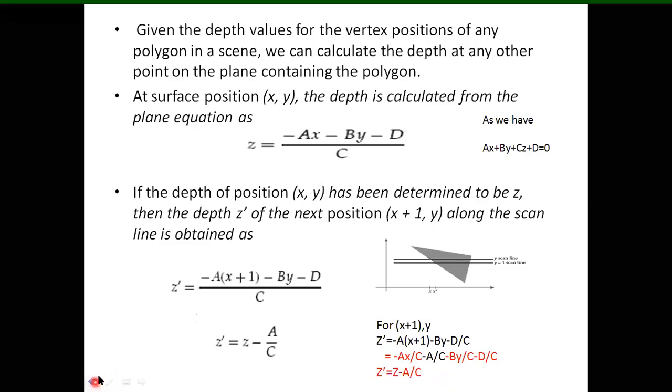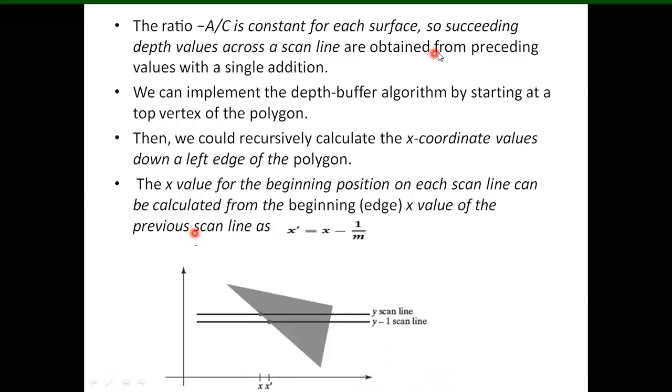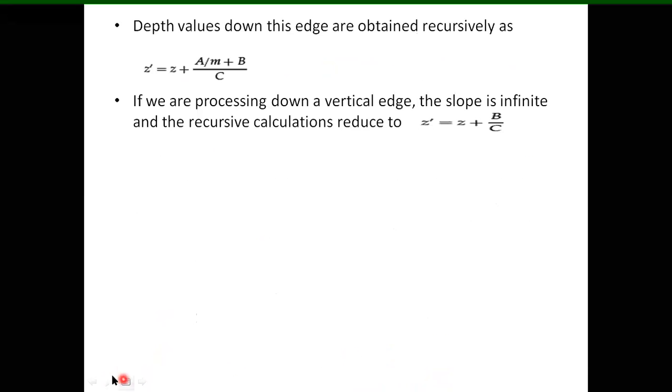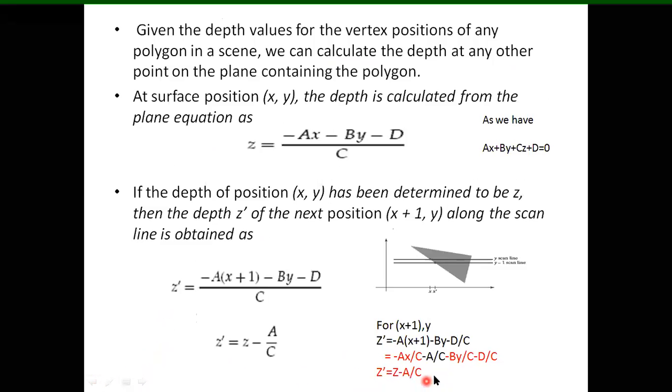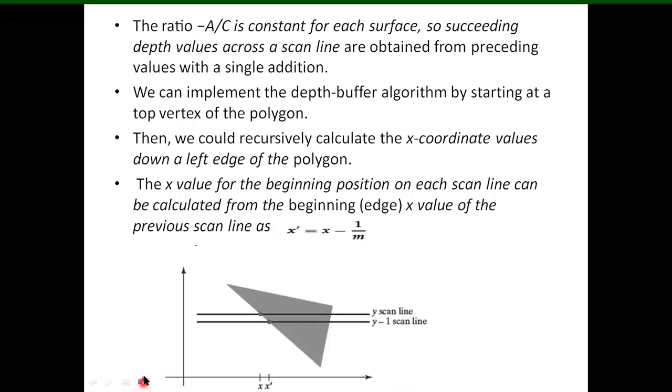So succeeding depth values across a scan line are obtained from preceding values with a single addition. That's nothing but the previous z minus a by c, and I will get the next z value.